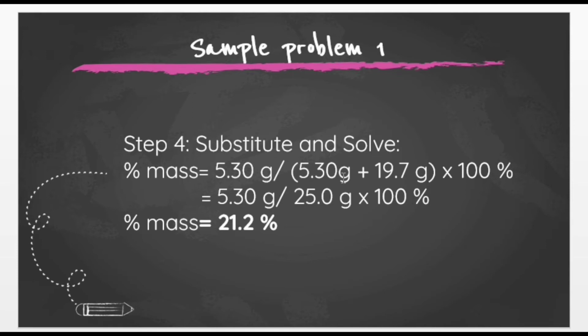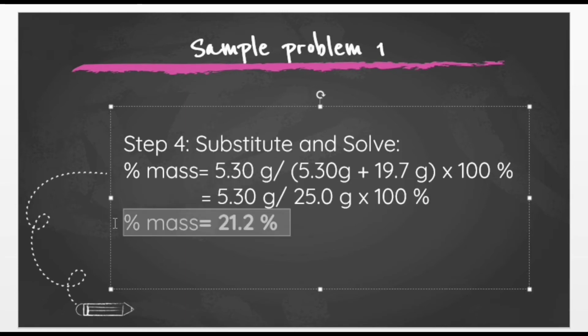So 5.30 plus 19.7 is equal to 25.0 grams. So there you have it, 5.30 gram over 25.0 gram times 100%. So the answer is 21.2%.